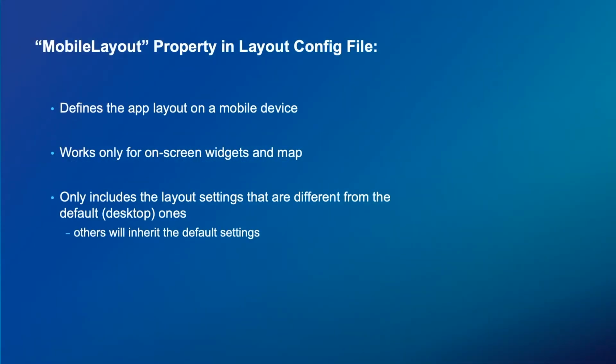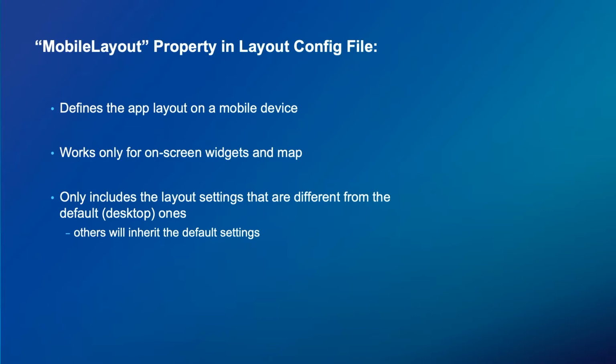What we are really going to focus on today is the mobile layout property in a layout configuration file. Mobile layout allows you to redefine the layout of the components. This is done by giving different numbers or values to the same position properties of the same widgets from the default view.